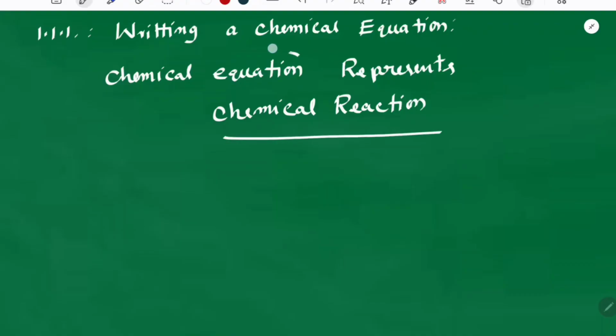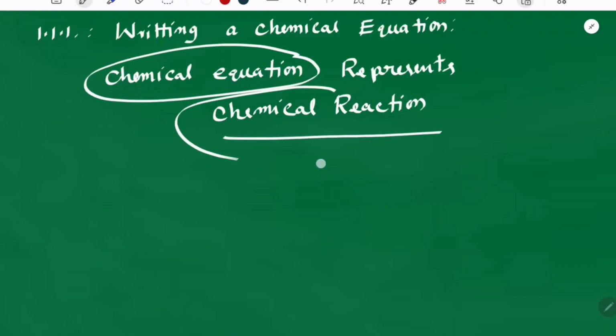Chemical equation is representing the chemical reaction. Just observe here, whatever we did in Activity 1, we can consider it. Based on that, we can discuss.